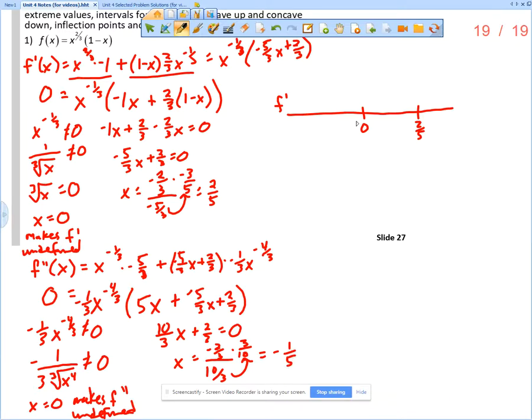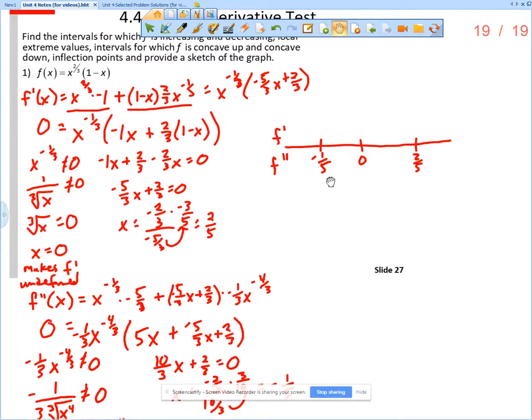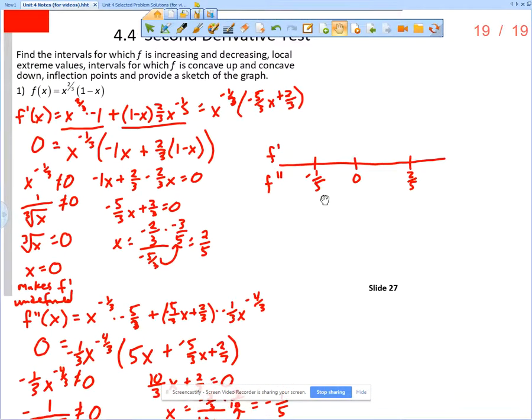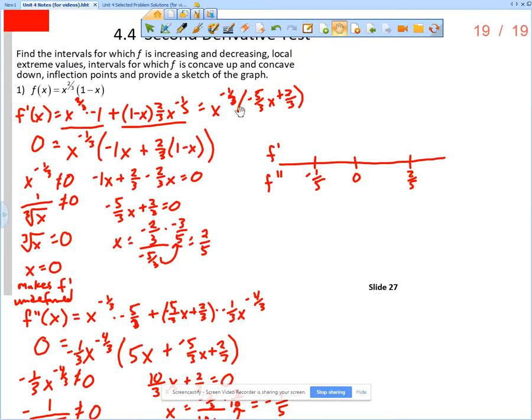So now I already had x equals 0, and I'm going to put x equals negative 1/5 on my number line. I'm going to do f prime above this line and f double prime below the line. Above the line, I'm going to put my factors of f prime.